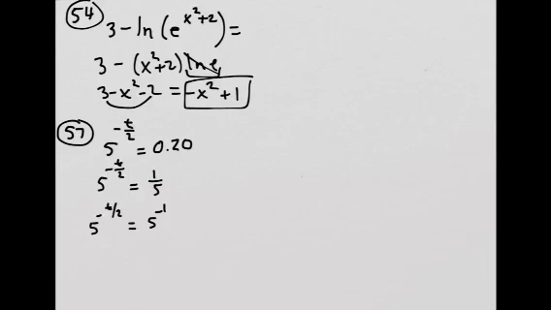So now that I have like bases, I'm going to set the exponents equal to each other. There was no need to use logs in this problem. So I'm going to multiply both sides by negative 2, so that the t is isolated, and negative 1 times negative 2 is positive 2.